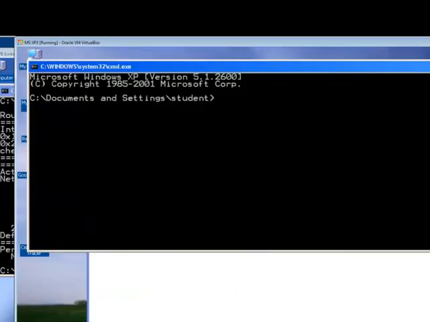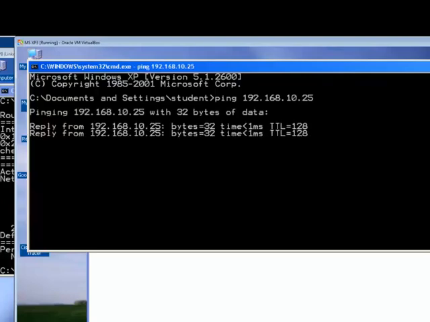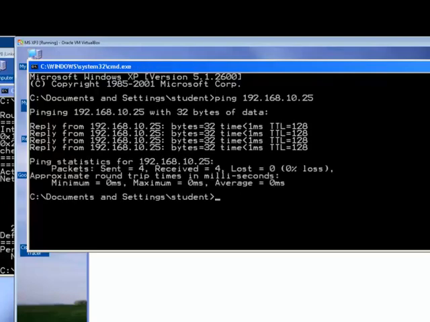Go to the run line. And we're going to ping 192.168.10.25 again. And sure enough, they now see themselves as being on the same network segment. So you see just how powerful it is when you can actually manipulate the network portion or the bits and create more of these networks.